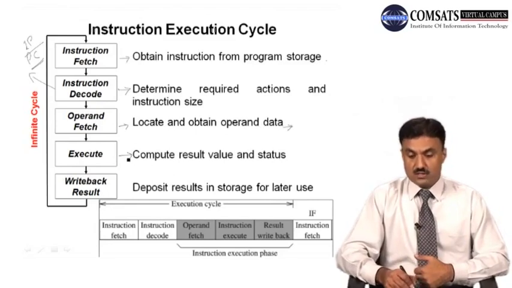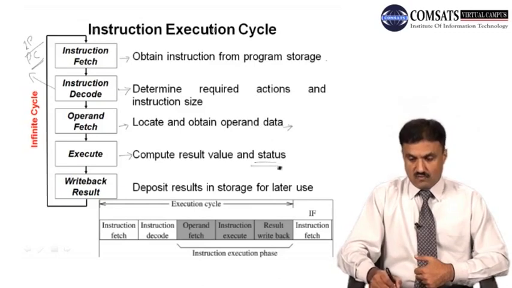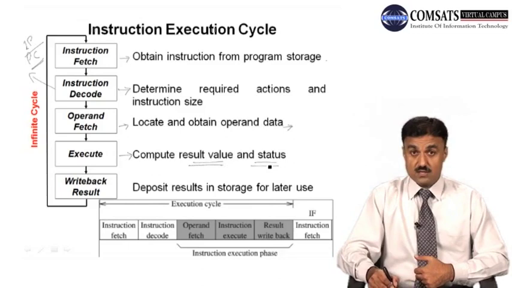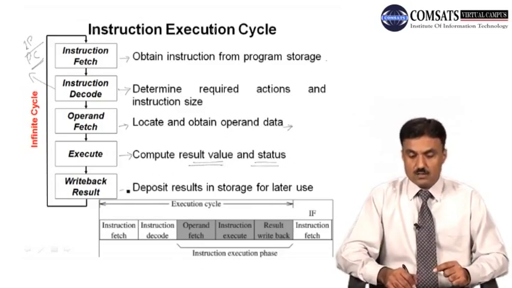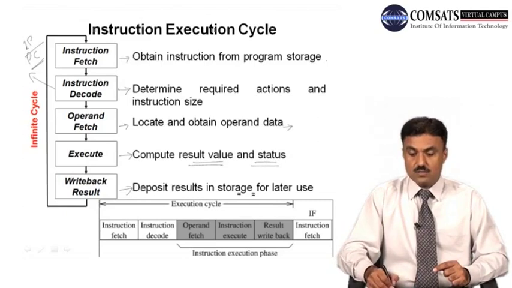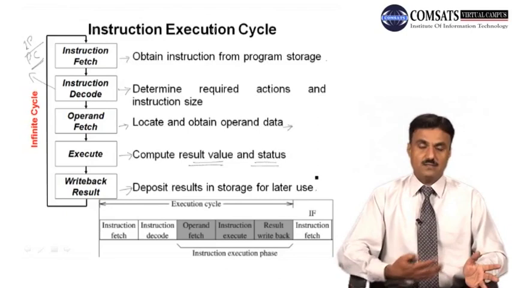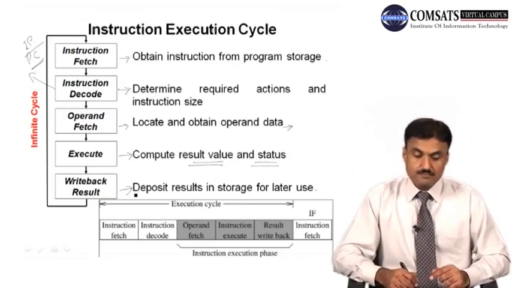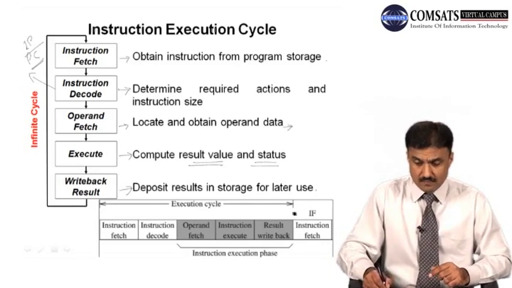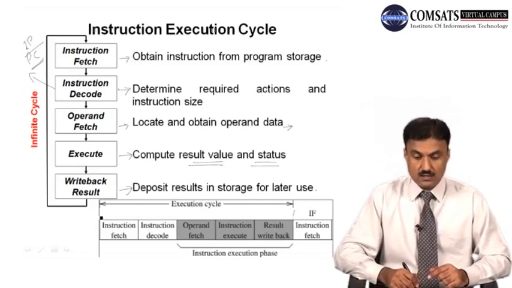The fourth operation is compute result value and status. When we compute or perform operations, we also monitor the status; we have the flag registers and so on. And then the last operation is depositing results in storage for later use, either in a memory location or somewhere else inside the registers. So here you can see the complete instruction execution cycle.